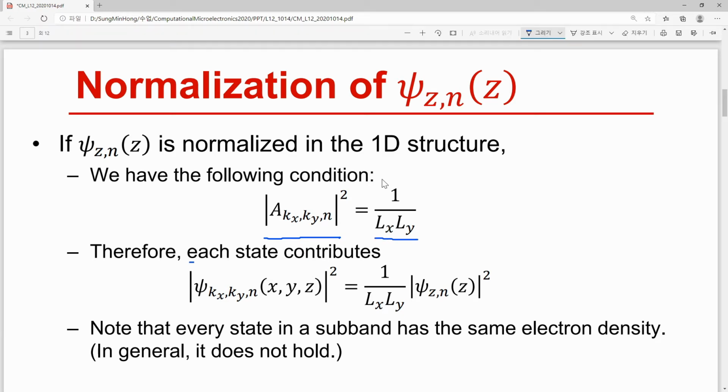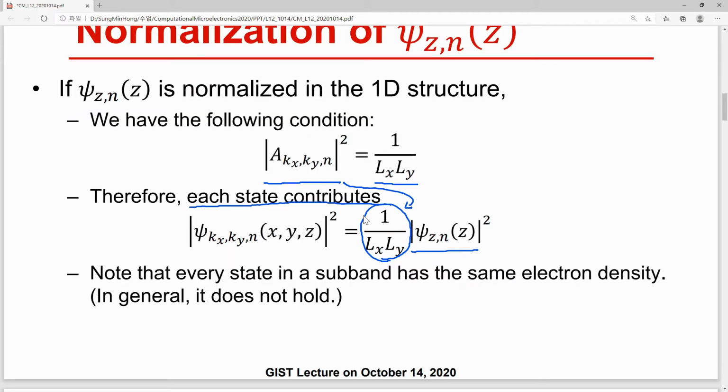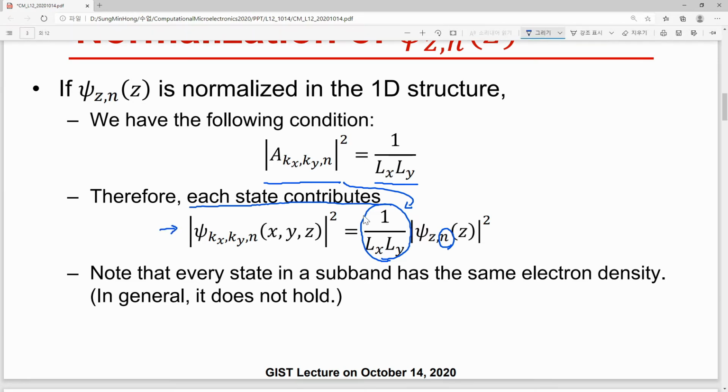Therefore, each state contributes like this. Here, this is corresponding to the square of A, and this is corresponding to the square of the z-directional wave function. And it is noted that for different n values, our wave function will differ. Then the contribution to the electron density will be different for different subbands.